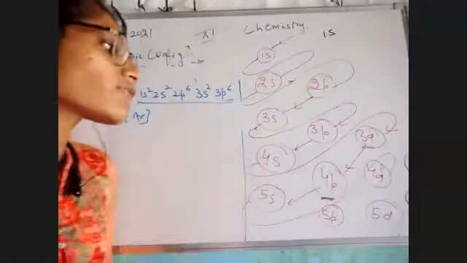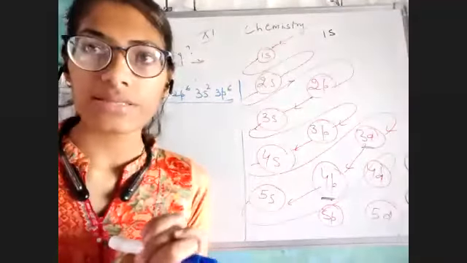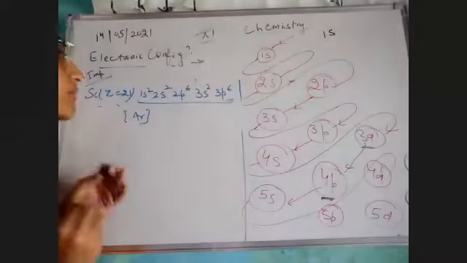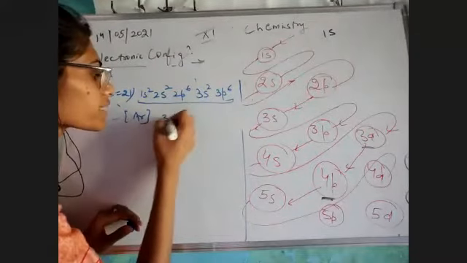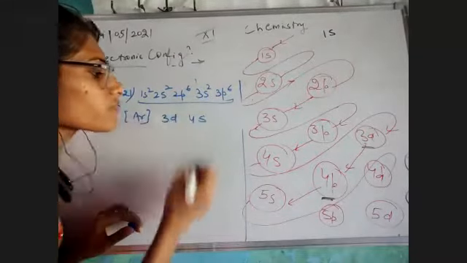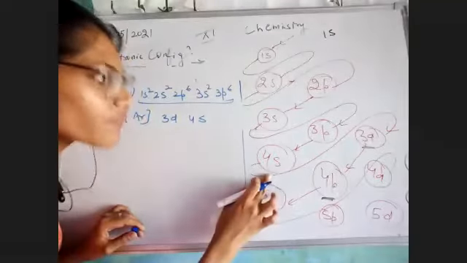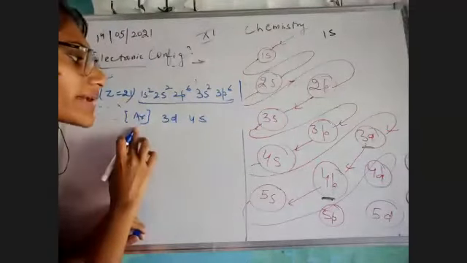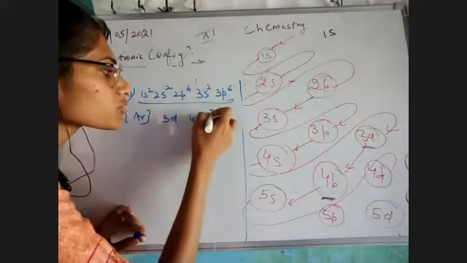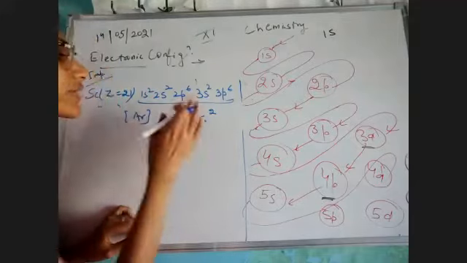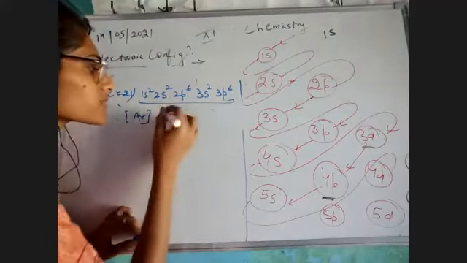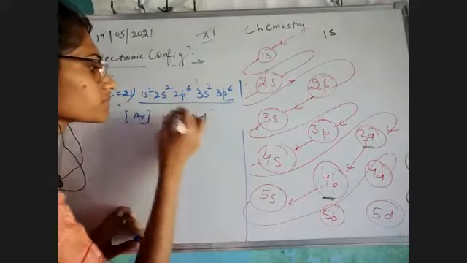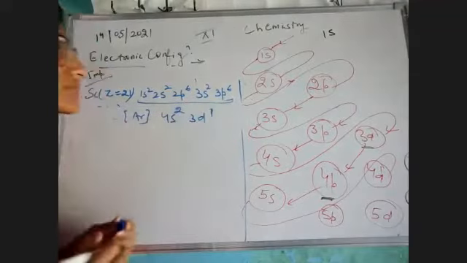See, we know that 4s has lower energy than 3d. So what would we do? We would do 3d 4s. First we have to fill our electrons in 4s because 4s has the lower energy. So in argon we have 18, in 4s 2, in 3d 1, or we can simplify it and put it as 4s2 3d1.